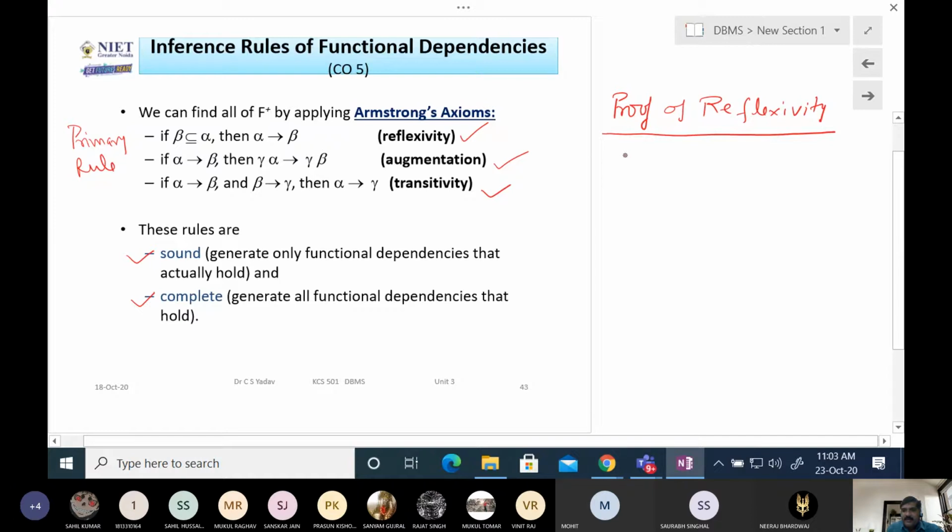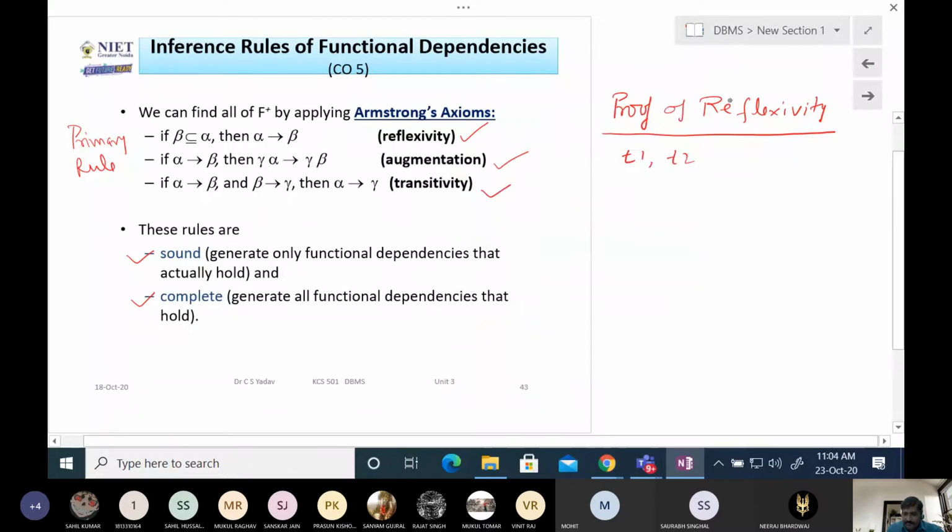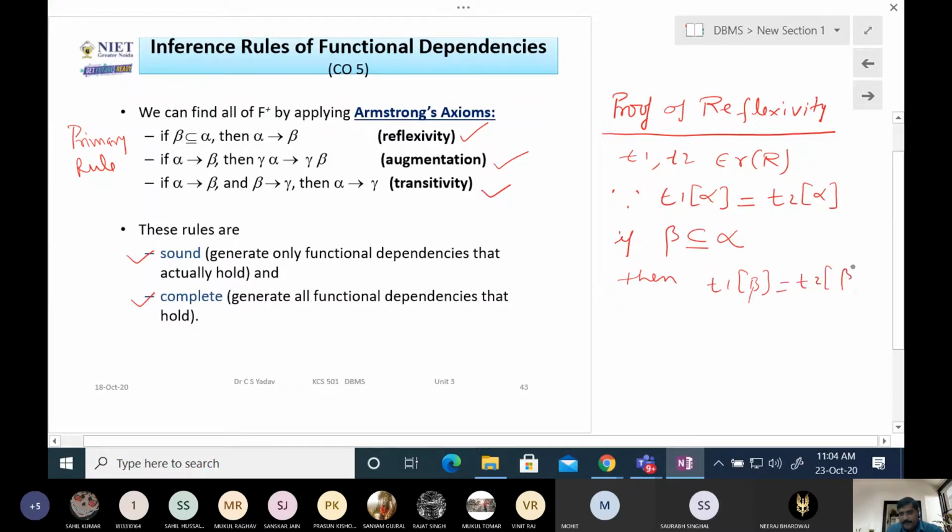Here we will assume that T1, T2, these tuple pair belongs to R of capital R. Then we will write since T1 of alpha equal to T2 of alpha, and if beta is a subset or equal to alpha, then T1 of beta equal to T2 of beta, and this is the definition of functional dependency.